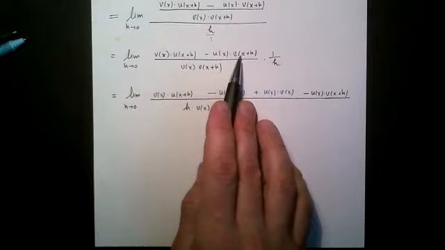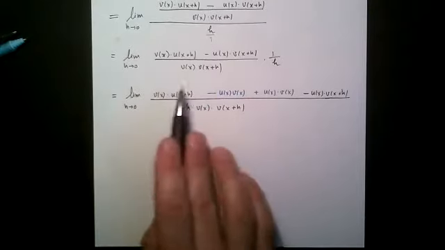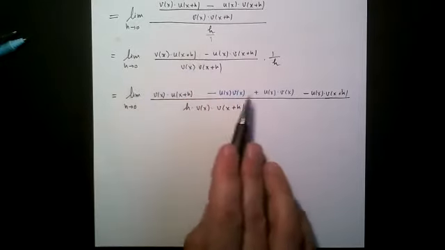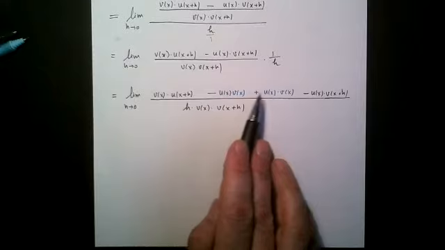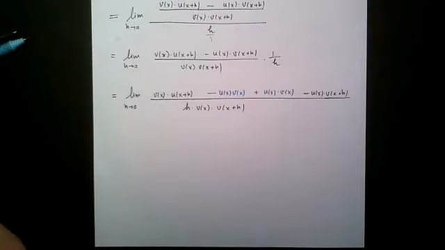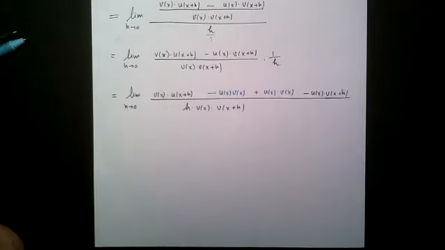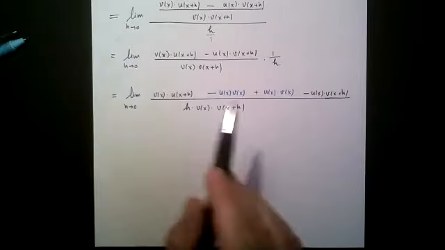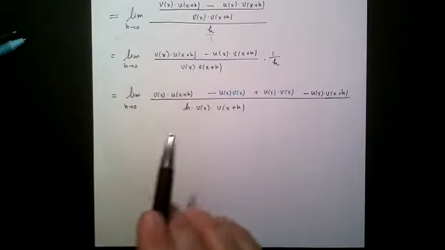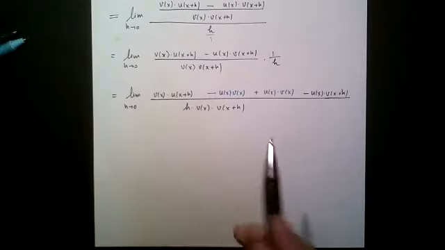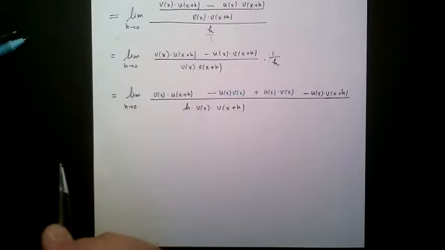The top I just rewrote, but I left some space between the two terms and added and subtracted the same term. That doesn't change anything, right? I could still cross them out and I'm back to the step before. I didn't do anything different other than adding and subtracting the same term, which is similar to what we did when we had to prove the product rule.